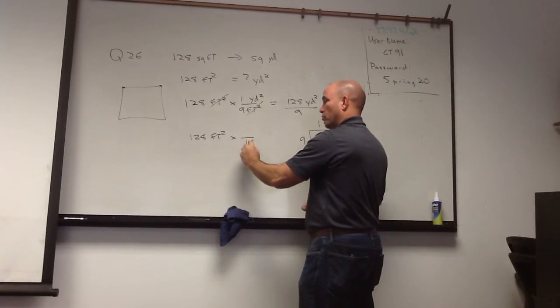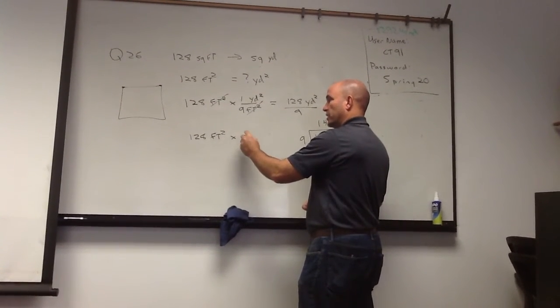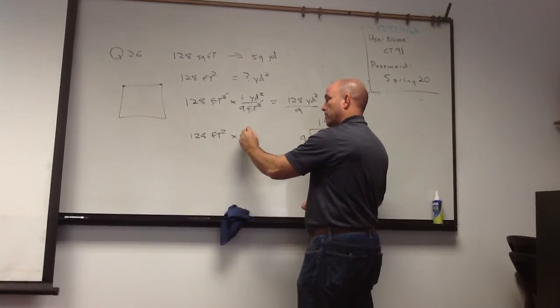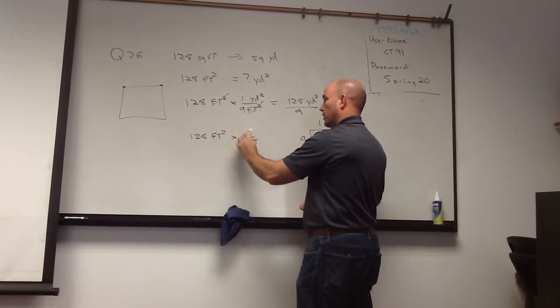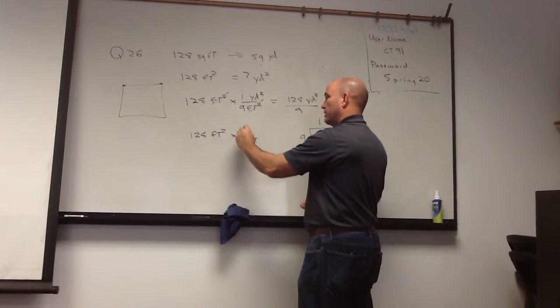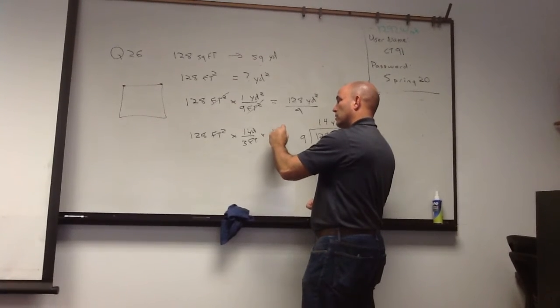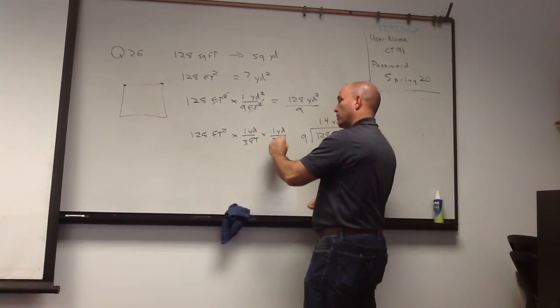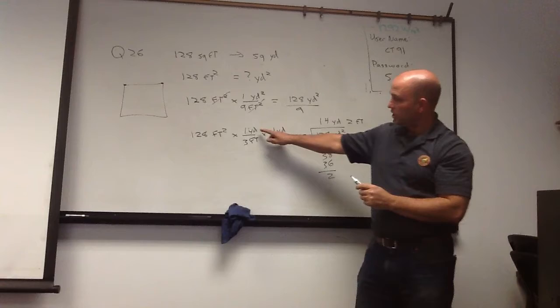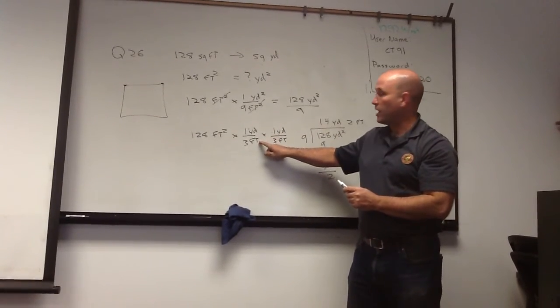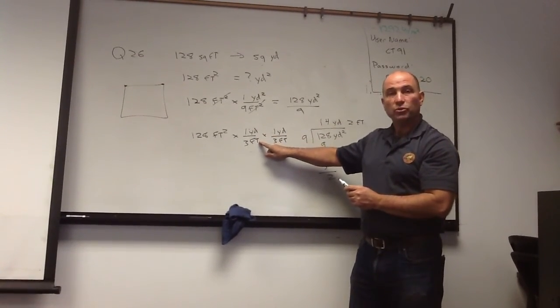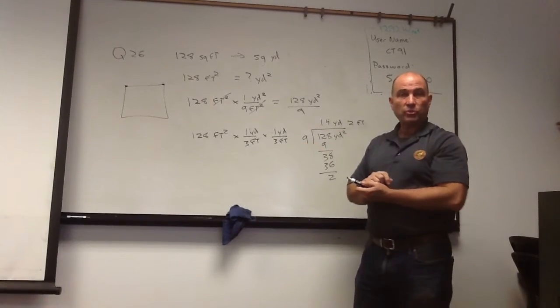I'm going to just do it one dimension at a time. Yards. 3 feet is 1 yard times. And what I'm doing is I'm just converting it one dimension at a time. 1 yard is the same as 3 feet. 1 yard is the same as 3 feet.